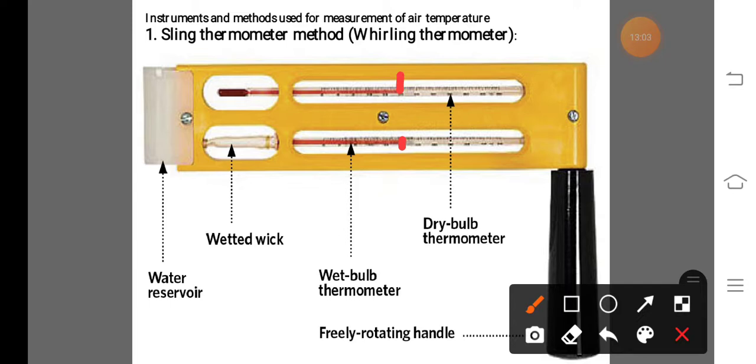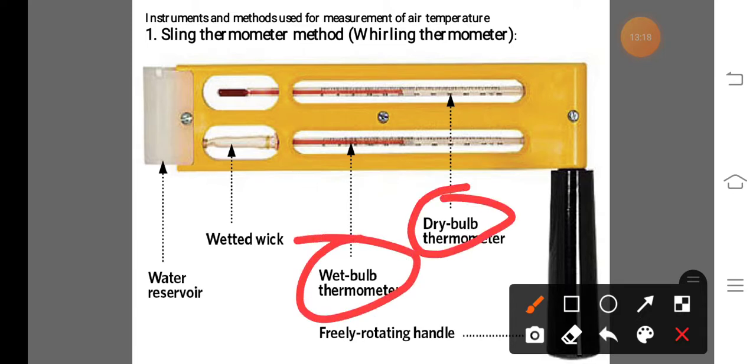The thermometer is continuously rotated until we get a constant temperature reading from the dry bulb thermometer and the wet bulb thermometer.